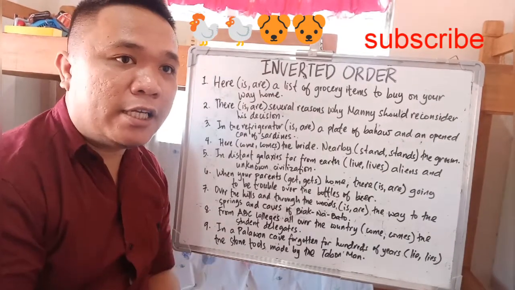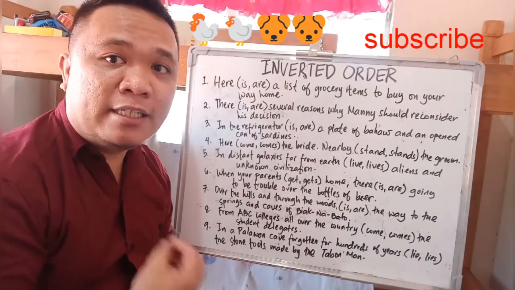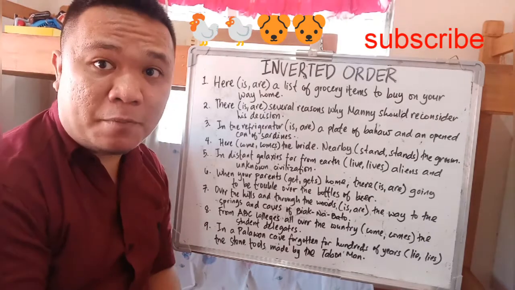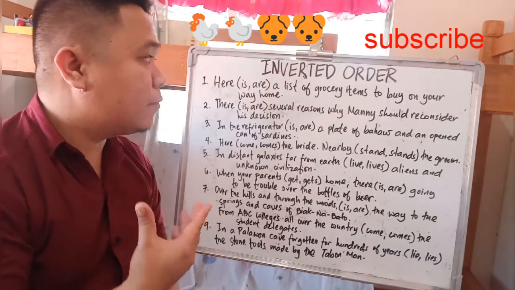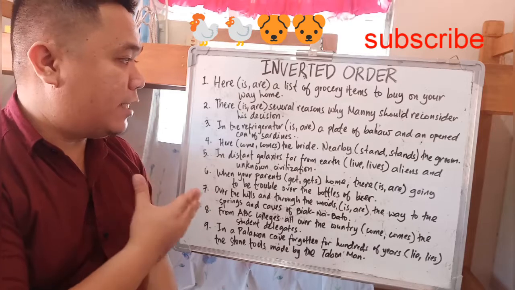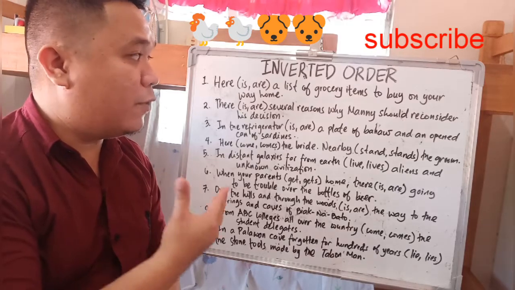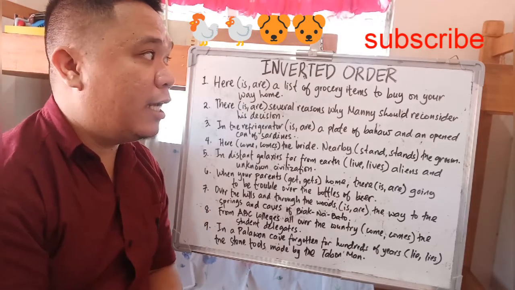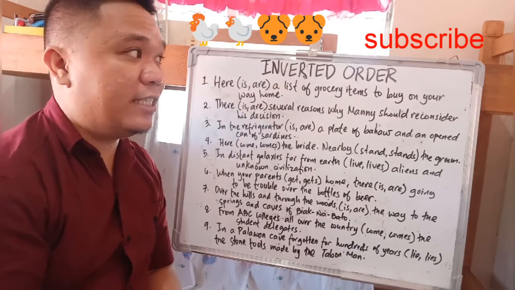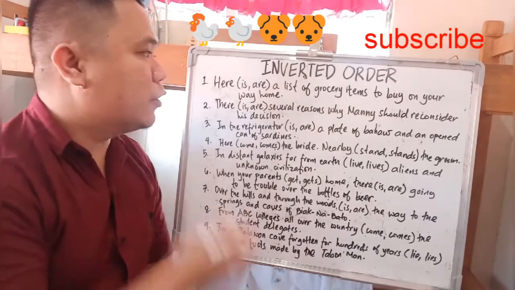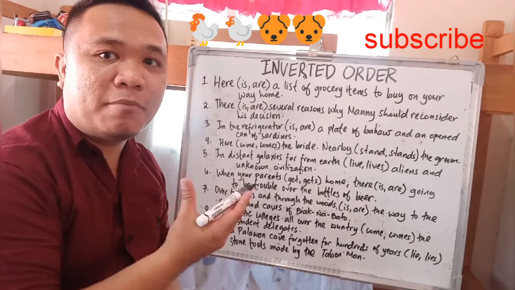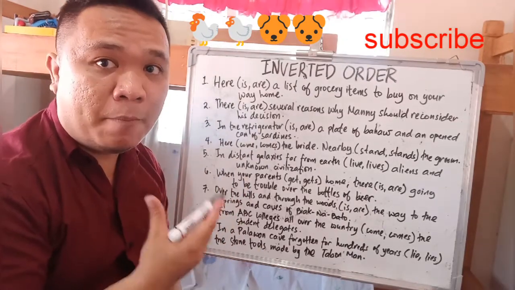So the clue here is, where can you find the subject? The subject is found after the verb, because the first word or phrase at the beginning, before the verb, is an indication that it is an inverted order. So here is not our subject, but rather an adverb of place.